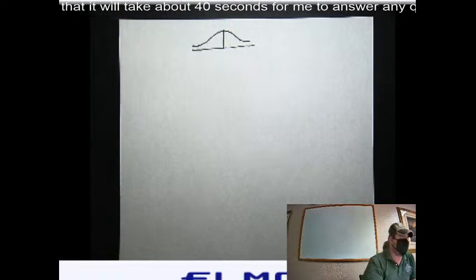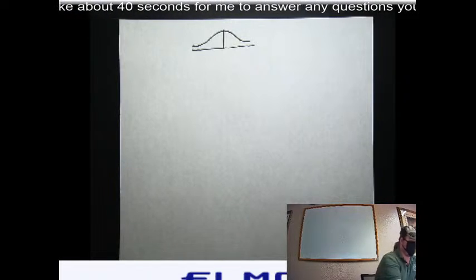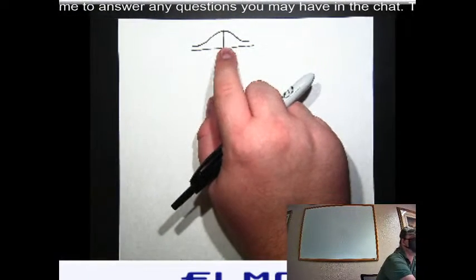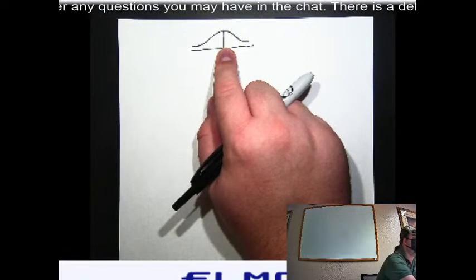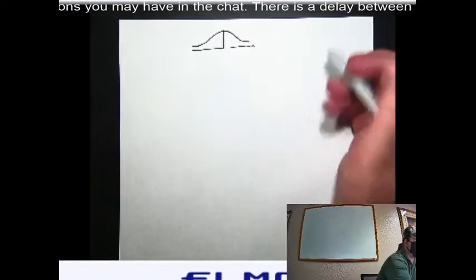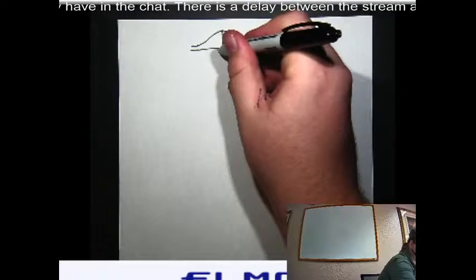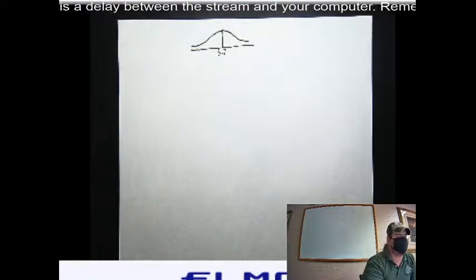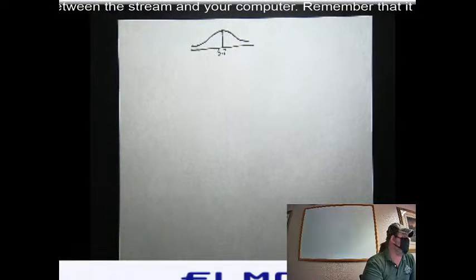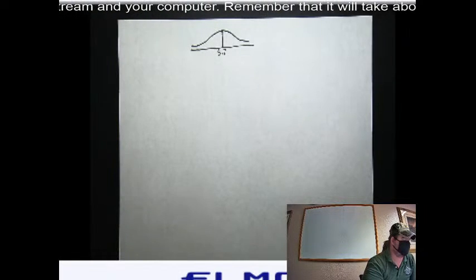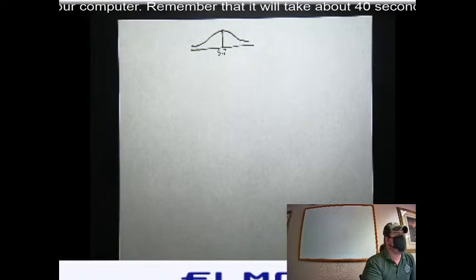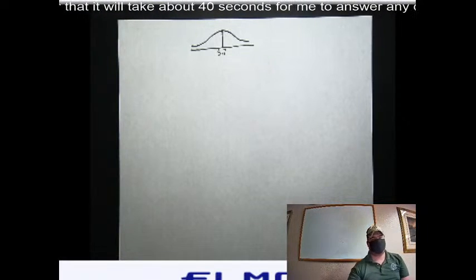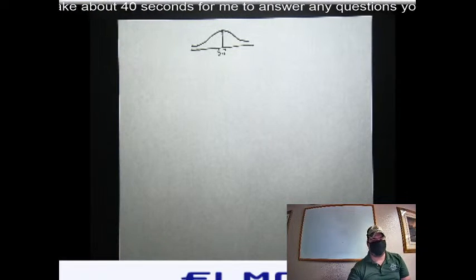What we would probably see is that most people are somewhere right around just above 5 feet. So that's going to be our mean, our average. So let's say that our mean is 5.7 feet, just above 5 feet. Well, does that mean that everybody is right around that mean? No. Most people will be.